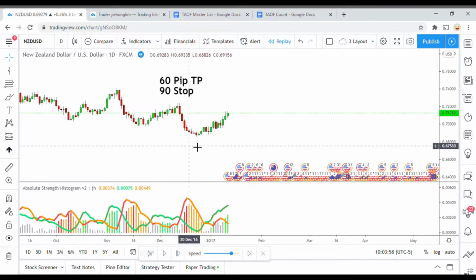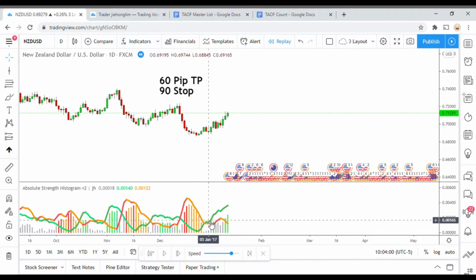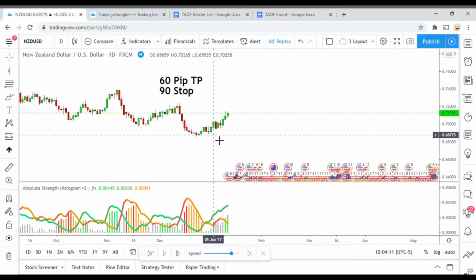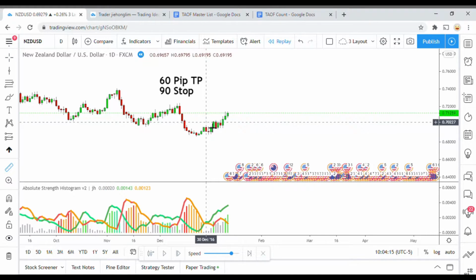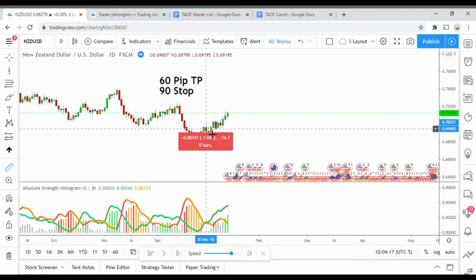All right, we get our first signal right here. And so the green line is above the red and orange line, and we get a spike in our histogram bar that is green, telling us to go long. Let's measure this out and see.